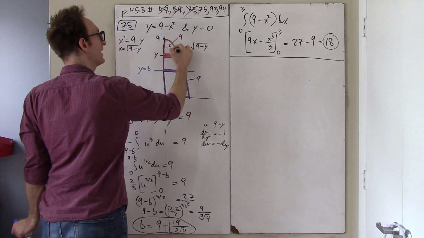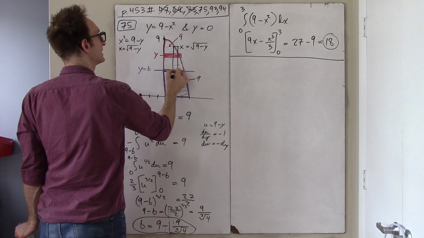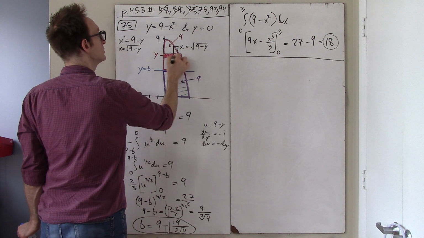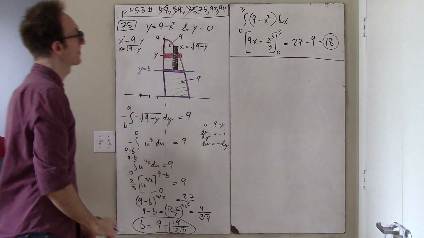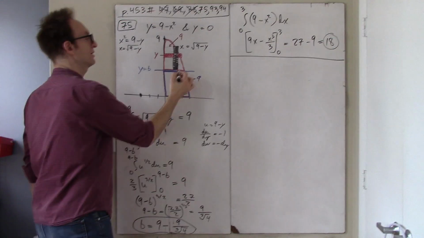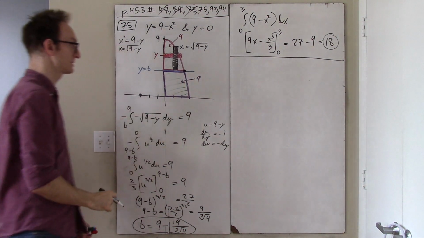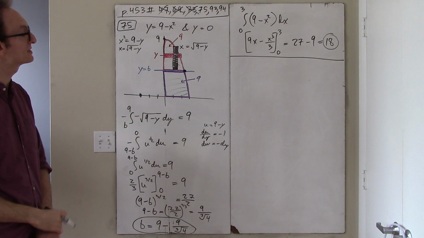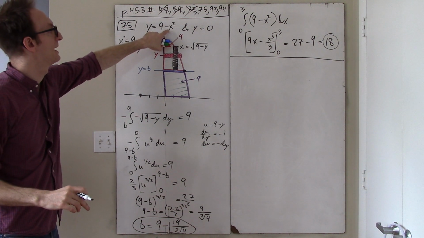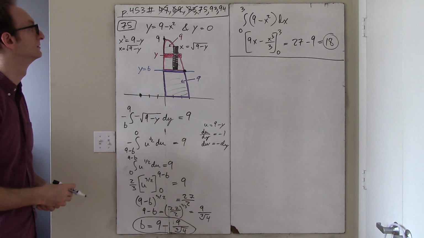If you go to find the area of this red region vertically, okay, you can do that, and maybe that's easier because it's now a polynomial that you're integrating, but I need to know what that point is. That's the point on the curve 9 minus x squared whose y value is b, right?